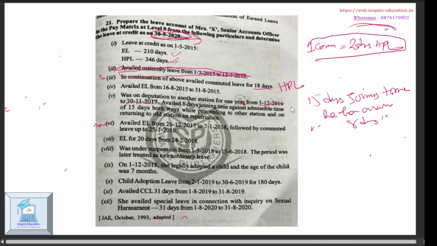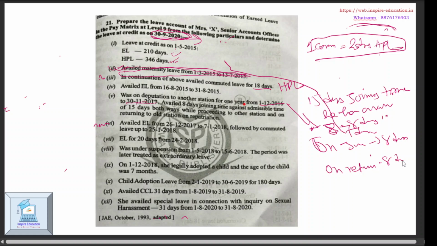So he has not availed 7 days joining time, and so this 7 days joining time may be credited to earned leave account in both ways. That means on joining he has availed 8 days instead of 15 days, and on returning also he has availed only 8 days instead of 15 days.